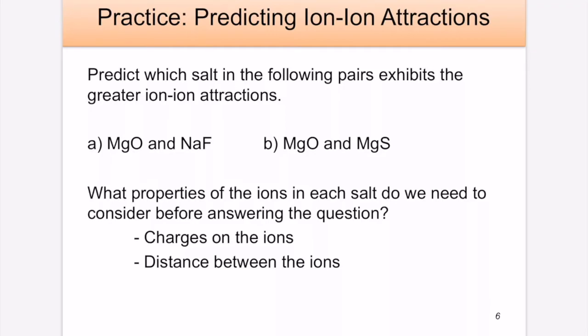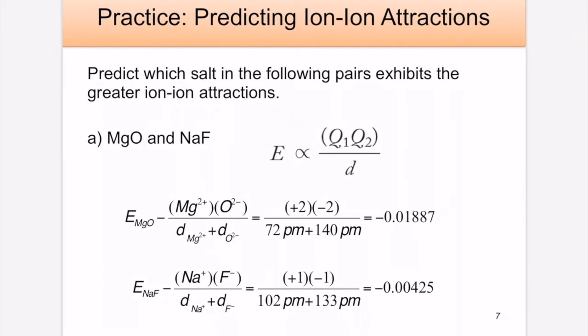So the only thing that's going to determine the strength of this interaction is the distance between the ions. You look at the distance between the magnesium and oxygen and the distance between the magnesium and the sulfur, and you notice that the distance between magnesium and sulfur is larger, so that should result in a weaker interaction. We'll take a look at the math in the next couple slides and see if our prediction is right.